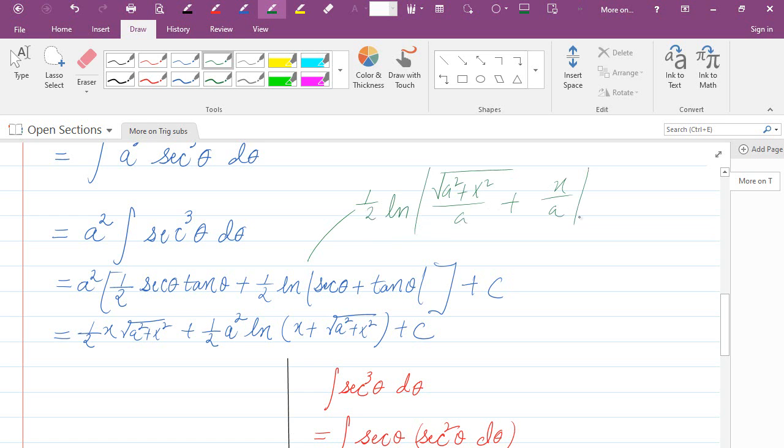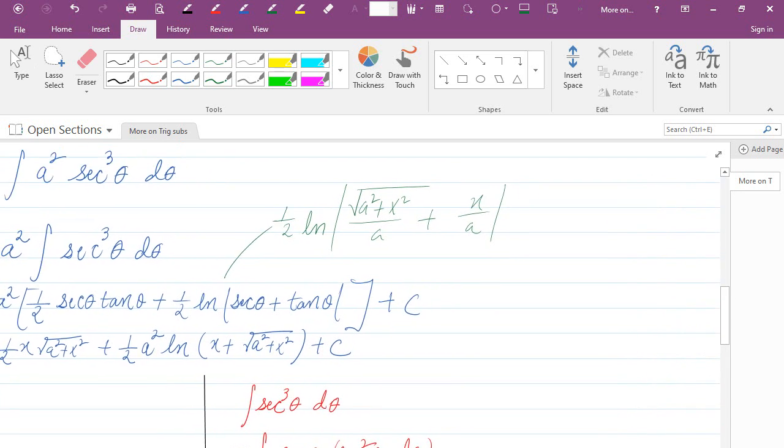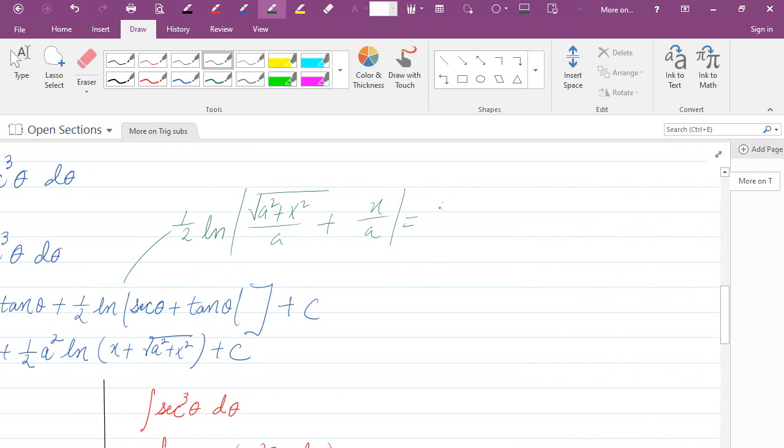And we can rewrite this as half of ln of x plus root of a squared plus x squared, divided by a, by combining the two fractions.